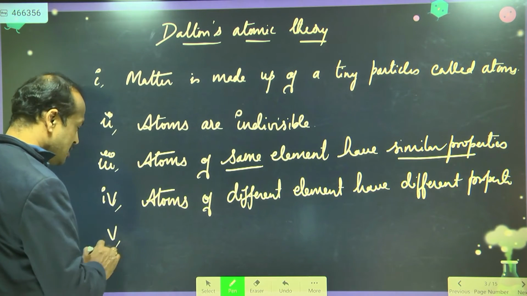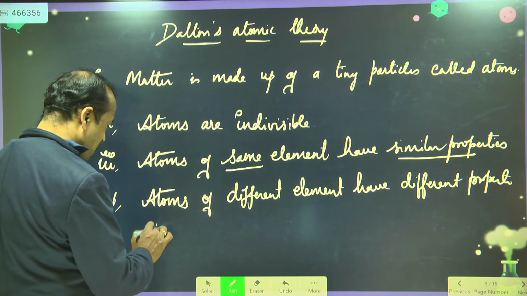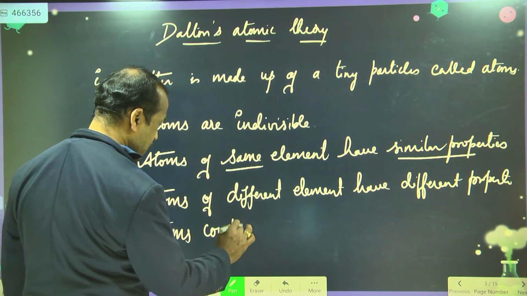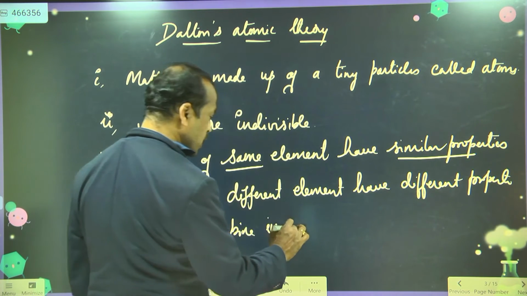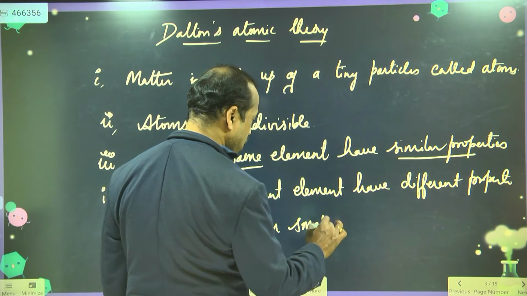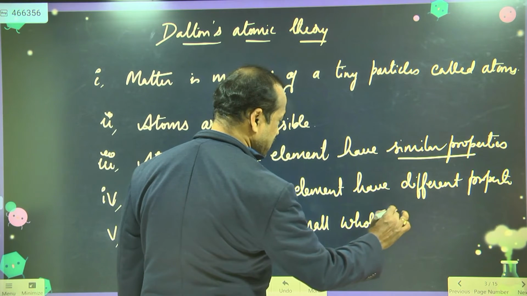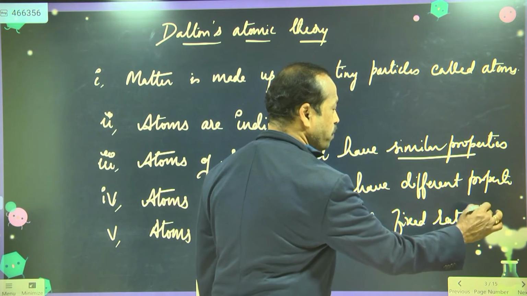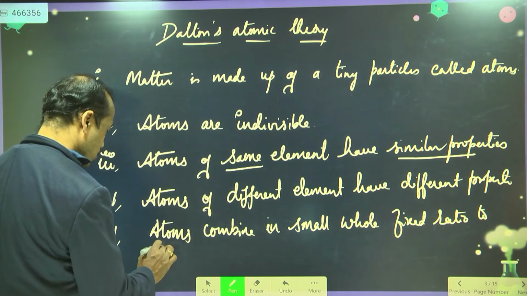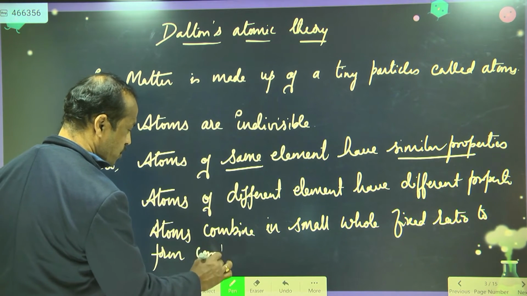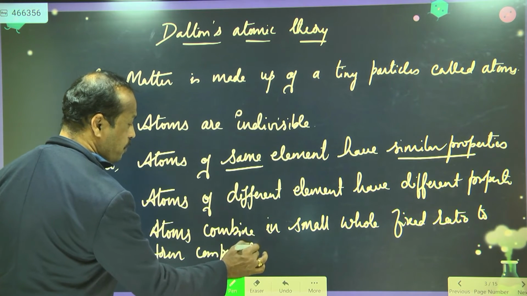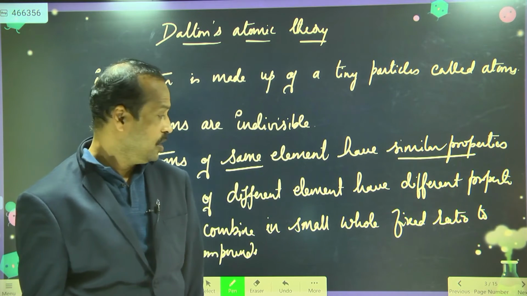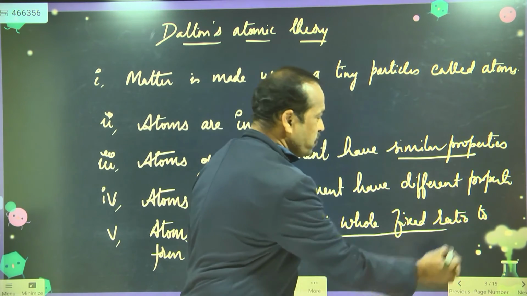Now the fifth point: atoms combine in small fixed mole ratios to form compounds. Like in water, there are fixed 2 hydrogens and 1 oxygen, a fixed ratio.